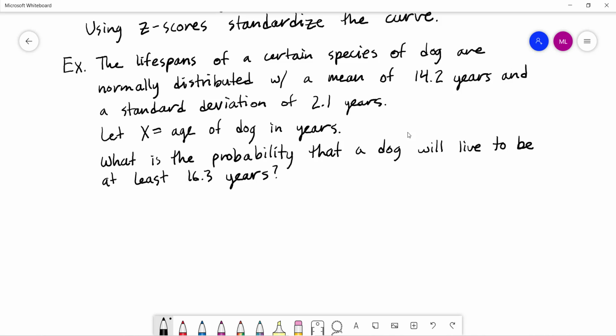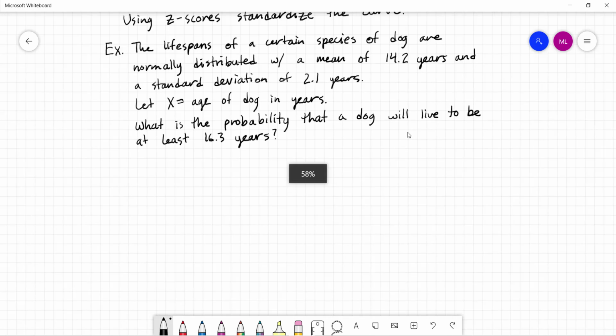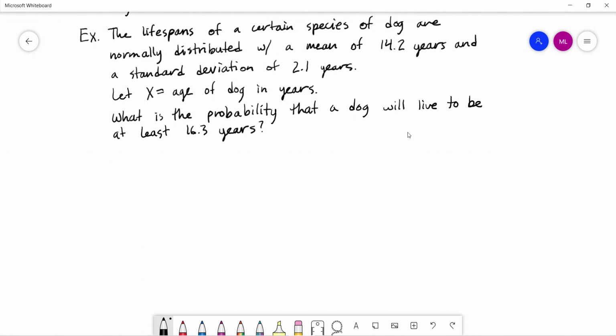What is that probability? Well, if we draw our picture of our normal distribution, this will make more sense. So it's given that the lifespans are normally distributed. They follow a normal distribution. That's the way that we would phrase this.